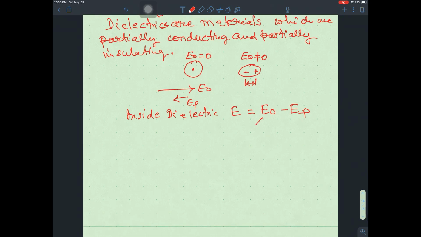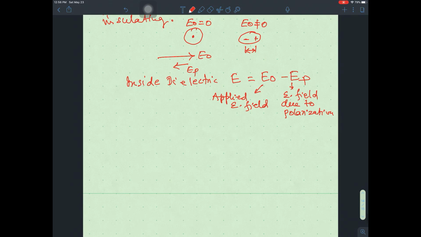Now you should understand that the electric field due to polarization is generated by E naught, that is the applied electric field. So therefore EP is always less than E naught, always.